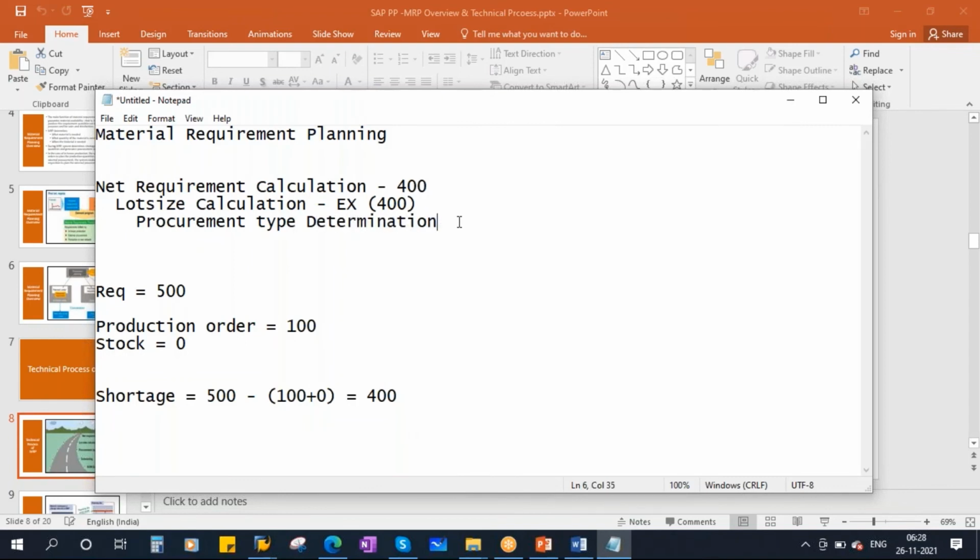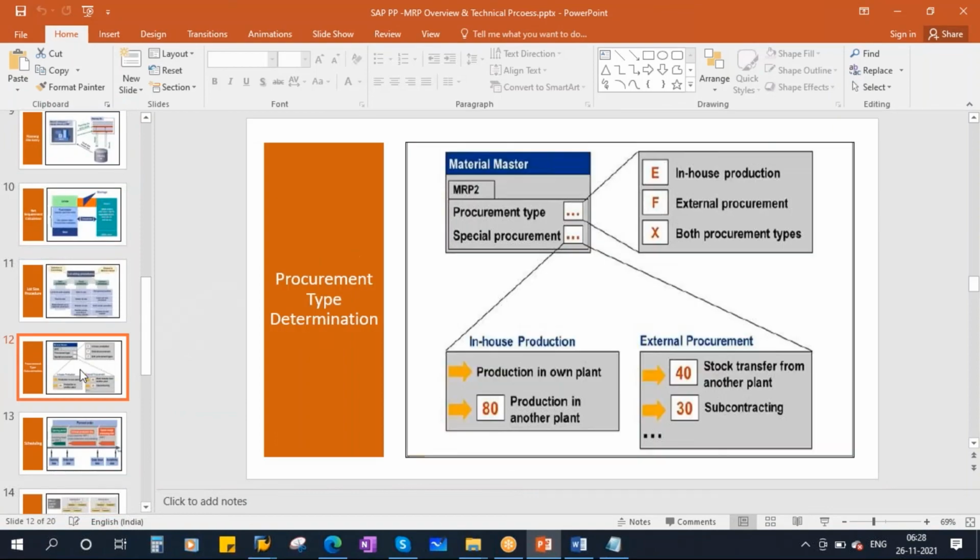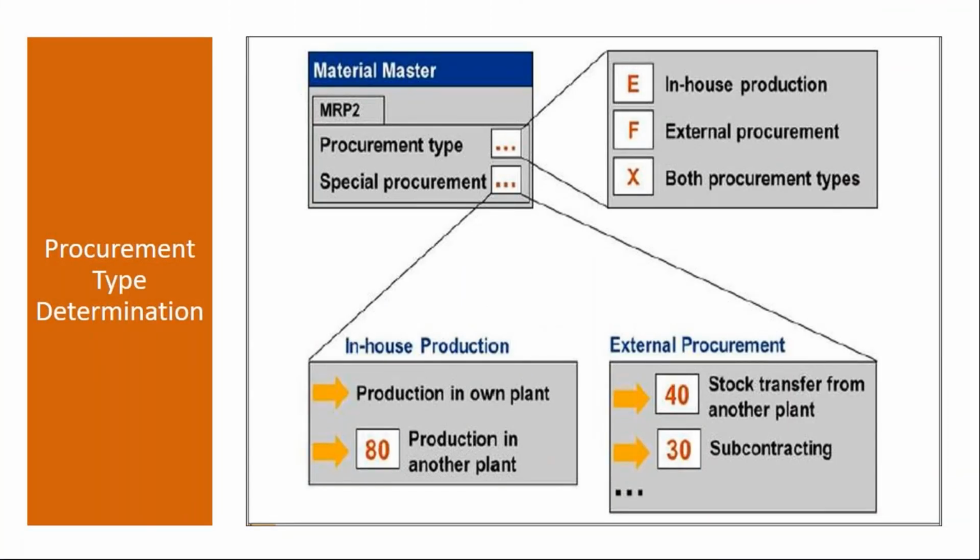Procurement type determination means system will check whether that material is an in-house produced material or externally produced material, or sometimes both.